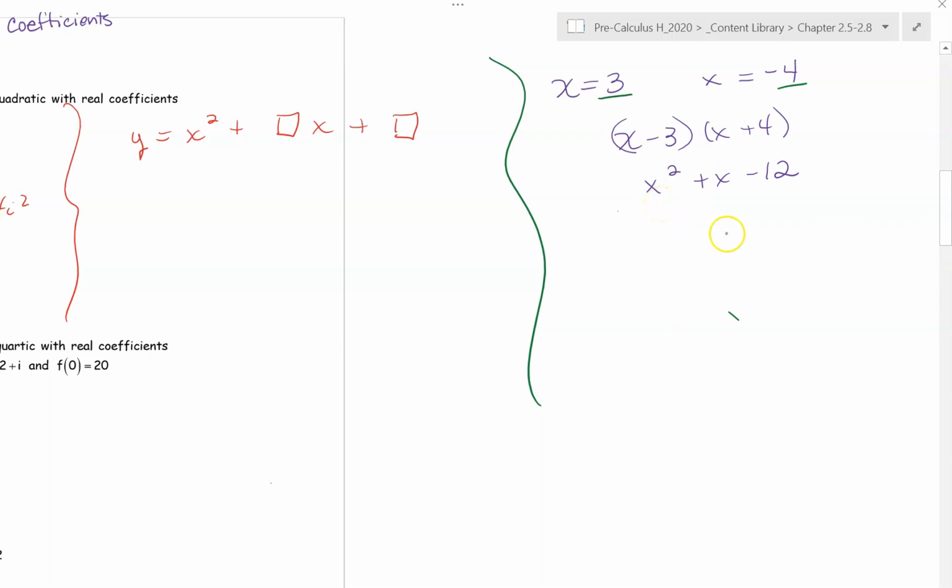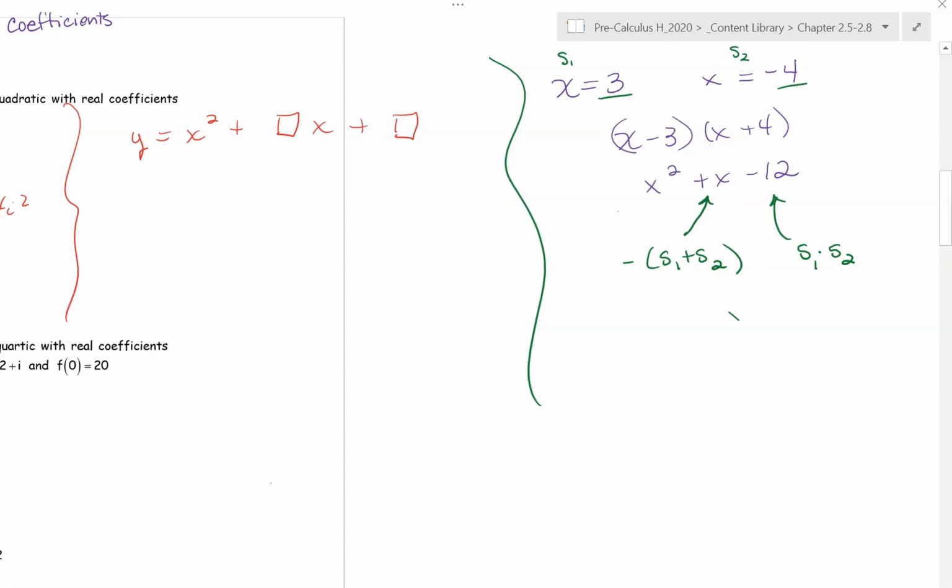Now, do you think it's a coincidence that this number is the product of these two solutions? If this is solution 1 and this is solution 2, notice that the constant is solution 1 times solution 2, and the middle term is the opposite of the sum of the two solutions. That's how it works every time.